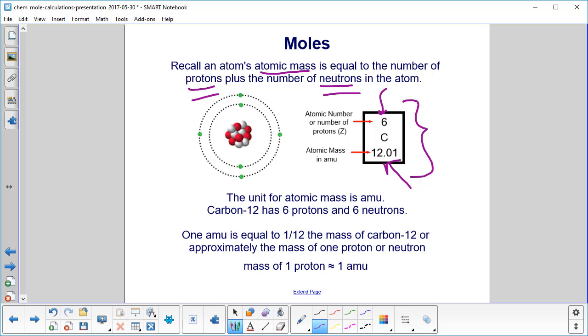Carbon-12 has 6 protons and 6 neutrons. One atomic mass unit, abbreviated AMU, is equal to 1/12 the mass of carbon-12, or approximately the mass of one proton or neutron. Protons and neutrons actually have slightly different masses, and that's why this symbol here is not the equal. That's kind of like approximately.